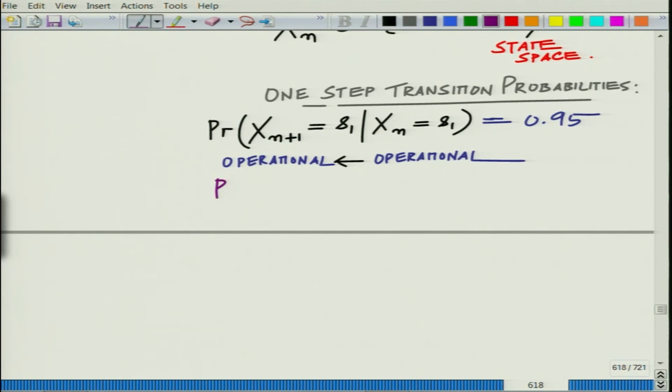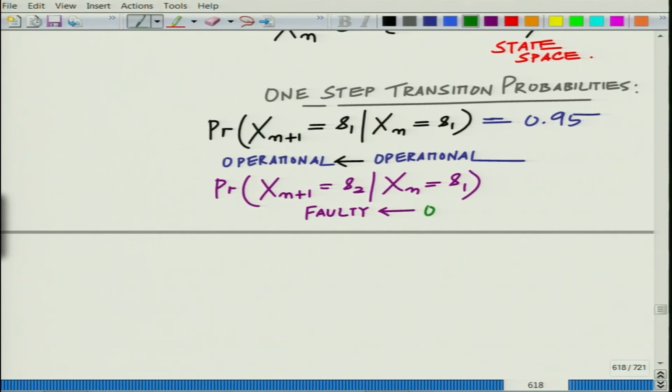Similarly, now let us characterize the probability of breakdown, that is probability of Xn plus 1 equal to S2 given Xn equals S1, that is operational, that is it is going to a faulty state from one that is originally operational.